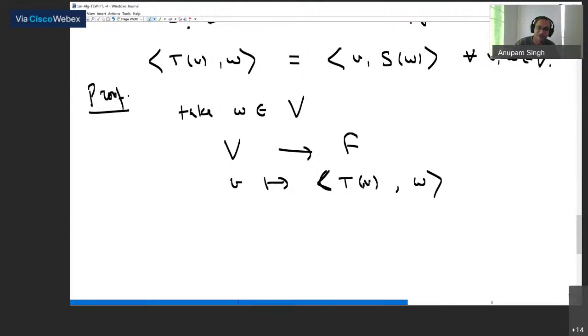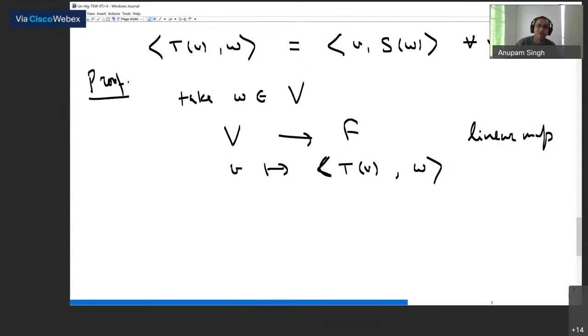So this is linear in this coordinate. So clearly, this is a linear map. In fact, this is a linear map for any w, right? Is that clear? And let's denote it, for the sake of notation, to match with the previous theorem, the Riesz representation theorem, as f_w. Now I apply the Riesz representation theorem.